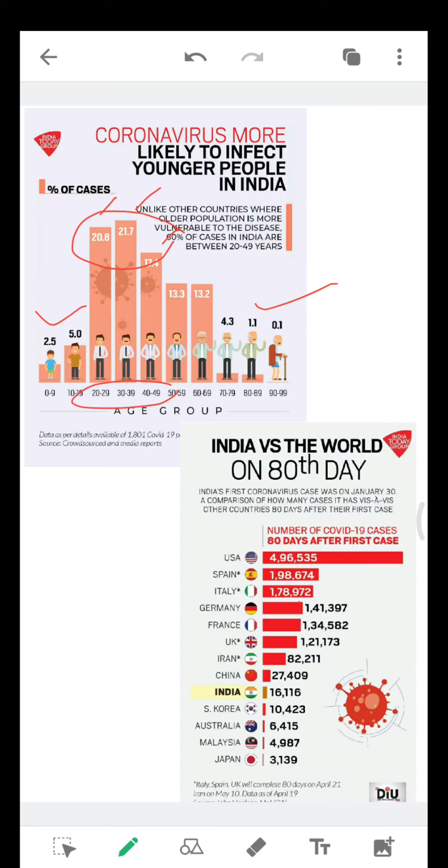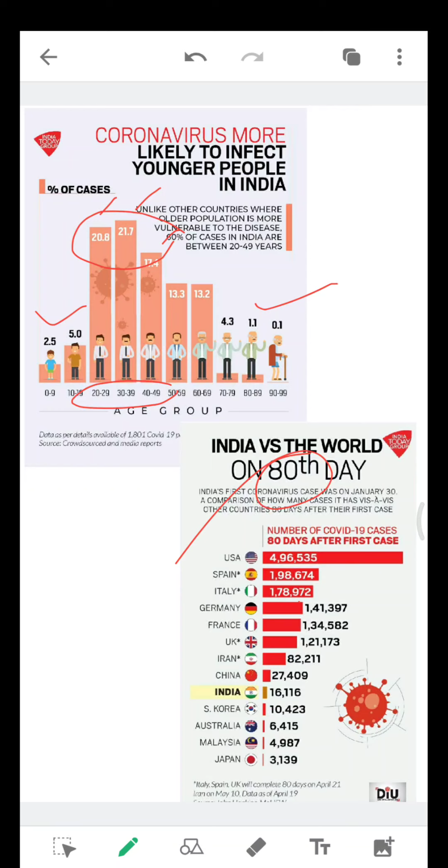There is another graph here, you can see India versus the world on 80th day. This is also shown graphically. So like this you see different graphs in newspapers, in magazines, in news channels. So they use graphs to show the data, because we cannot count the number of persons again and again, as I already said.